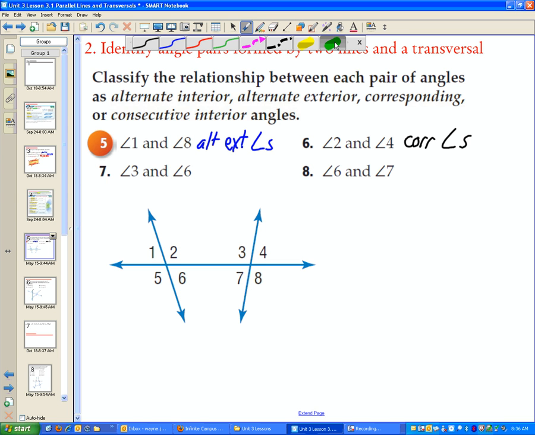Number 7, angle 3 and angle 6. What are they? Alternate interior. They are definitely interior angles. They are non-adjacent. They're on opposite sides of the transversal. That is the definition of alternate interior angles.